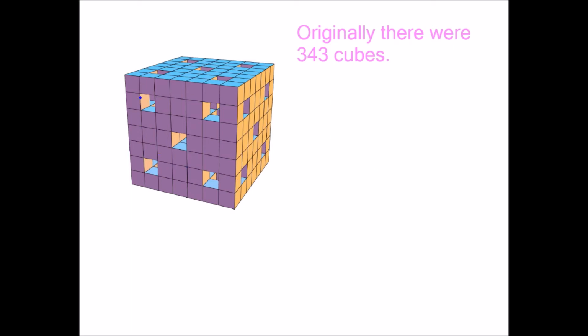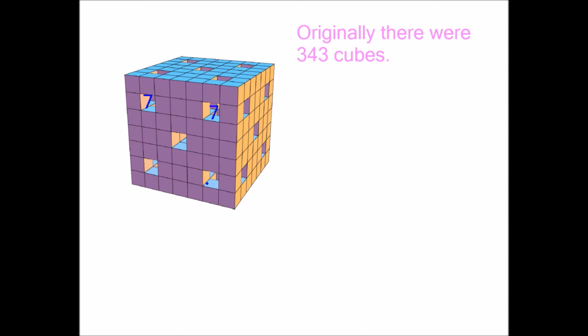What happens when you drill your first hole, let's say right over here? You're going to lose 7 cubes. I'm going to write 7 here. It goes all the way through. When you drill your hole through this point, you're going to lose another set of 7 cubes.